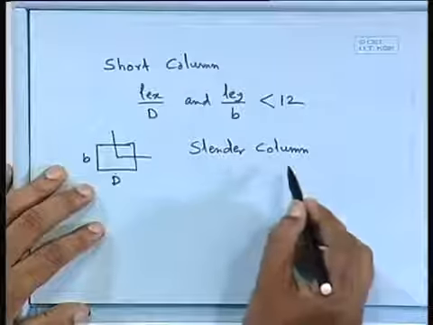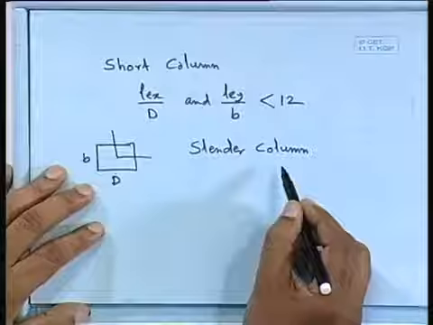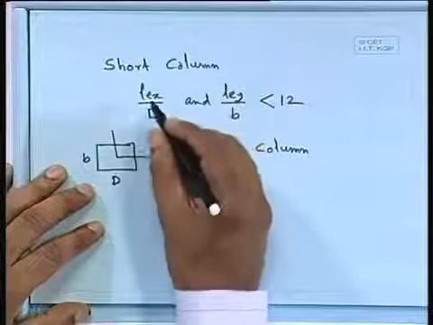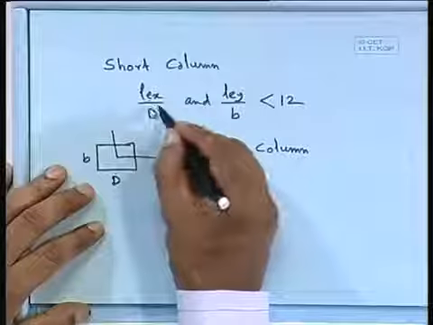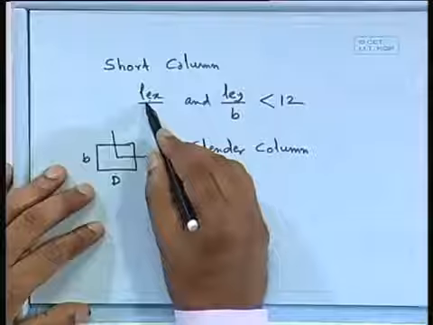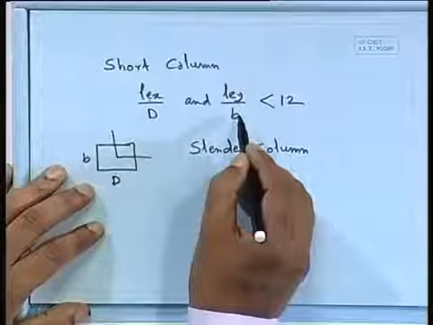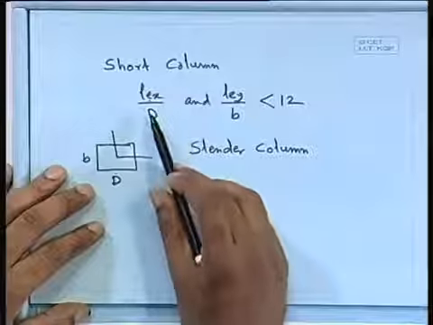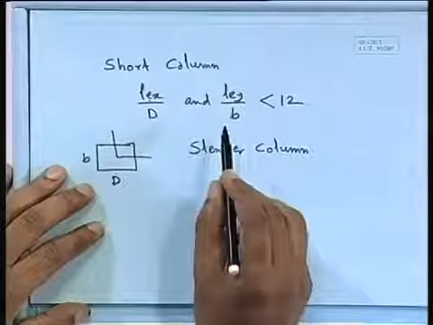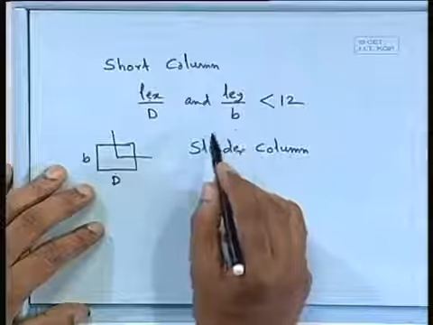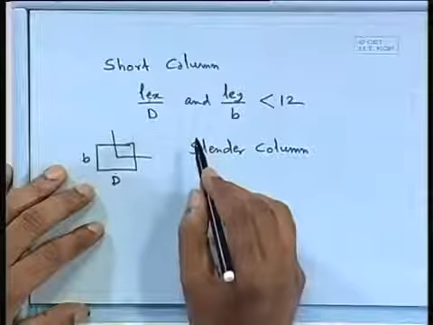For that, what you have to do, yes. Lex and Ley are the effective length about the x axis and effective length about the y axis. So why are we having 2? Because the effective length of the column is dependent on the support conditions.